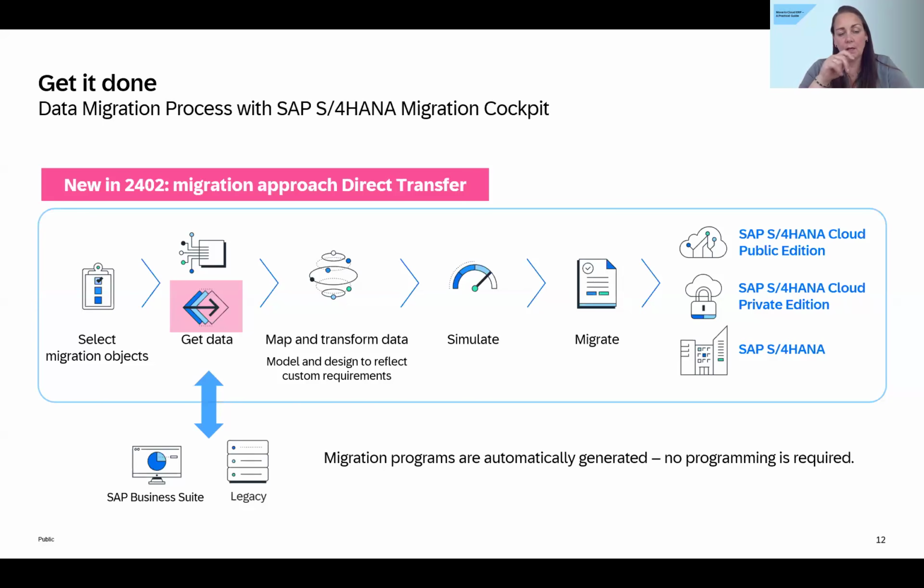And as soon as the lights are on green, you can run the real migration run. Until you migrate the data, you always have the chance to go back. This is important. And the API logic is used to ensure that you have a consistent pool of data in your target system.